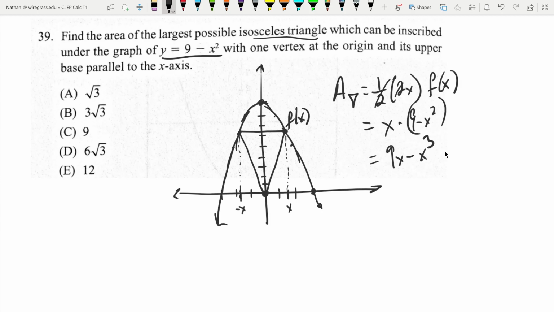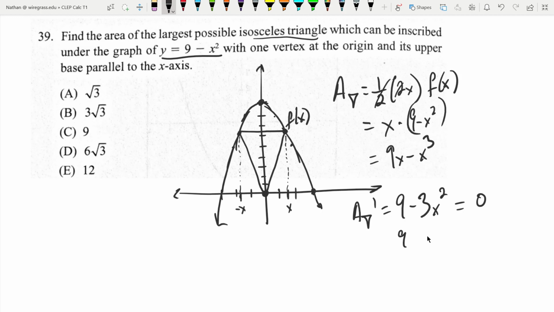To find the maximum, the largest possible area, we need to find the derivative and set it equal to 0. That gives us the extrema. So let's find the derivative of this thing. A prime equals 9 minus 3x squared, and we set this equal to 0.